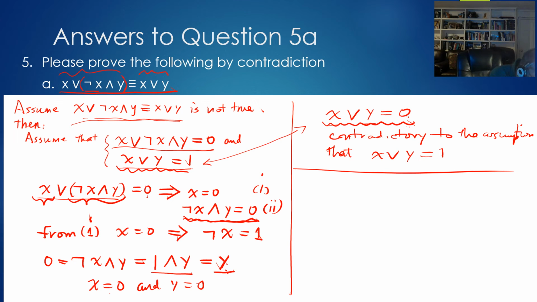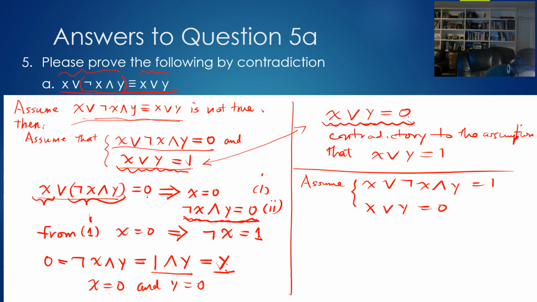But we also need to prove that if we assume the left side is 1 and the right side is 0, this is also not possible. Okay. Now if we assume this is the case, we should get the contradiction as well, right? But this is also very simple.